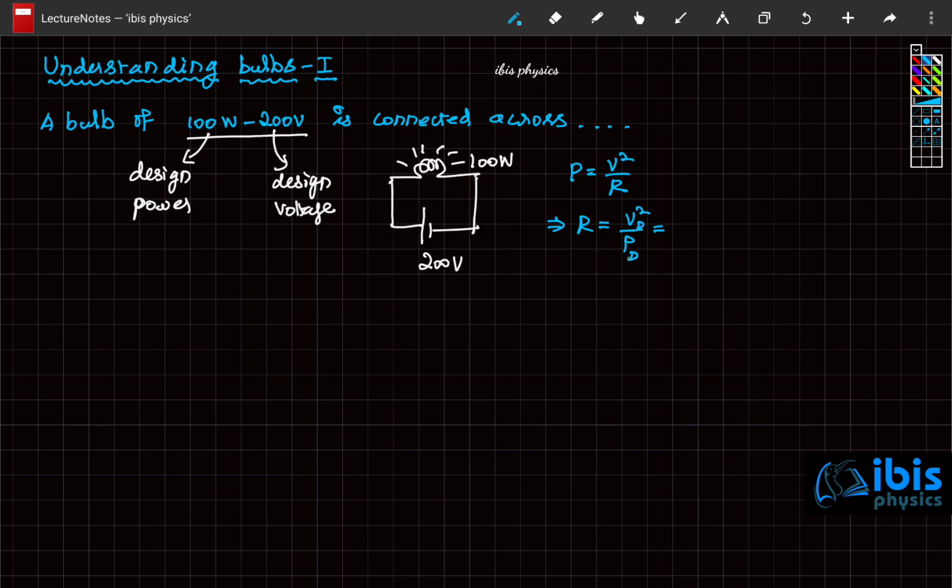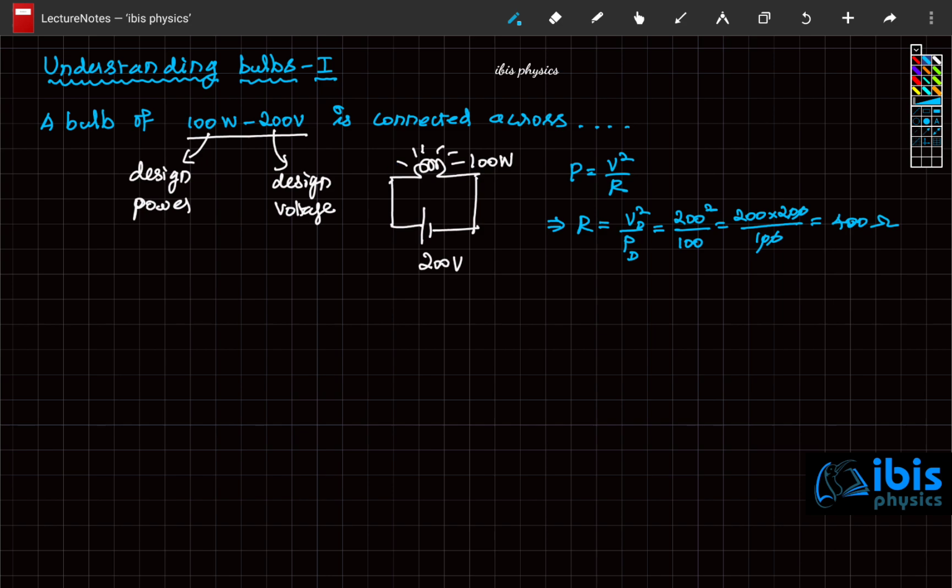Design voltage 200 volt square by 100 watt. So that is 200 into 200 by 100. Two zeros you cancel. So this is 400.